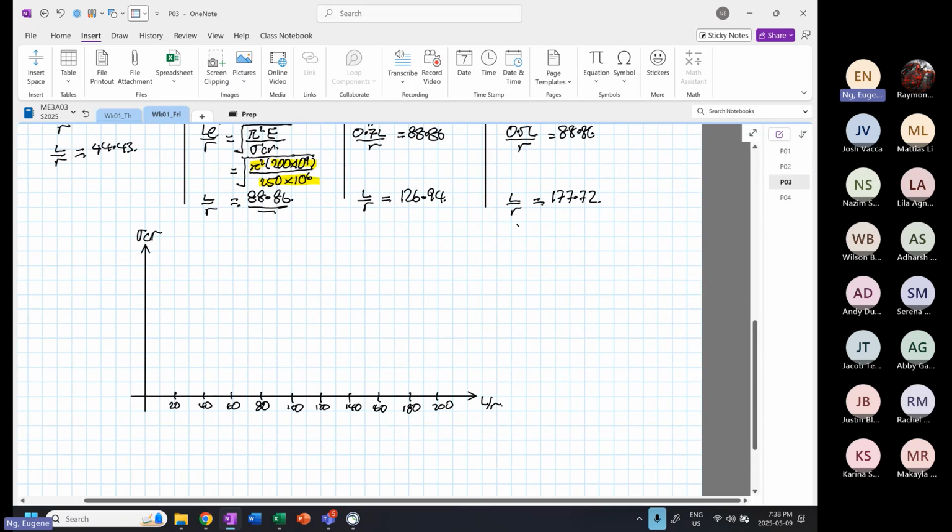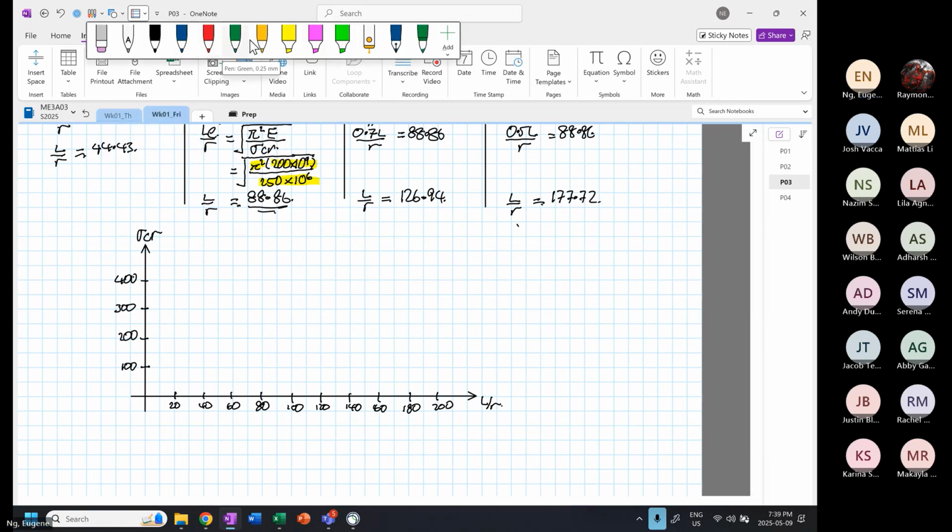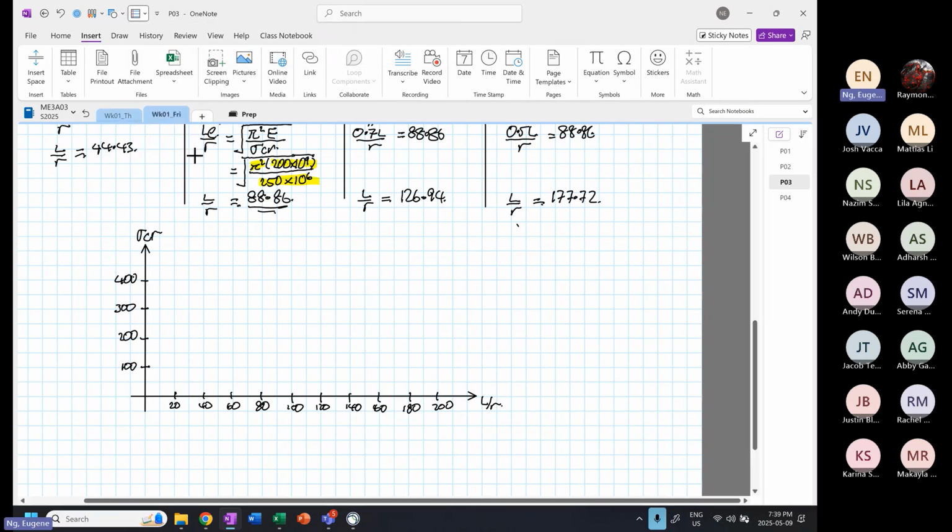Okay, and then over here, our critical load will be 100, 200, 300, 400. Okay, so let's put everything in. So one of the lines belongs to 44.43, so it's about here.